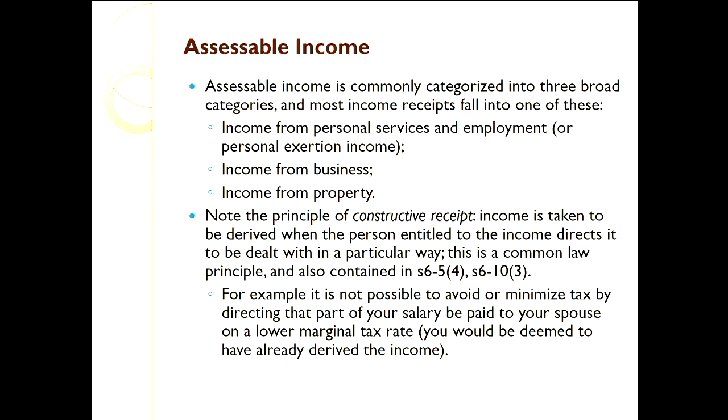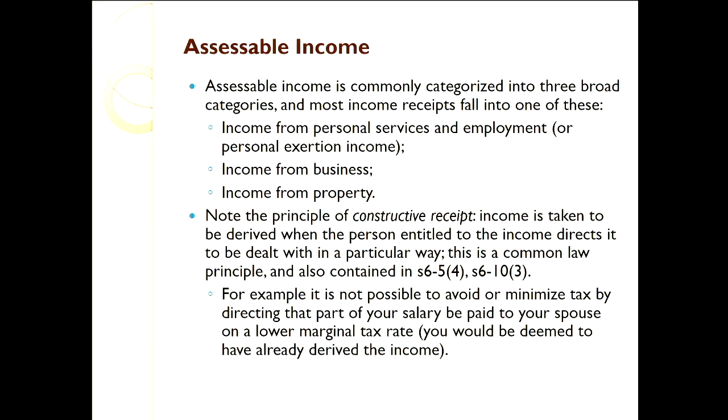So we have income from personal services and employment, income from a business, income from property, right? And we will sort of follow that structure in terms of this lecture, and it'll continue into the following lecture, and that is the structure that your book adopts as well, okay?